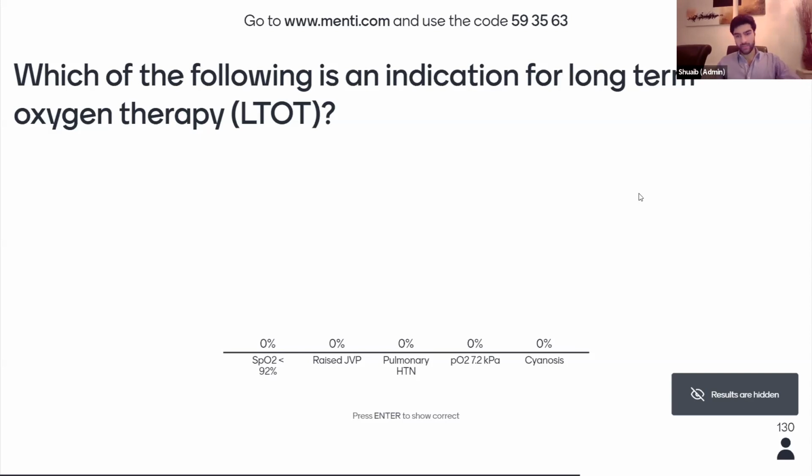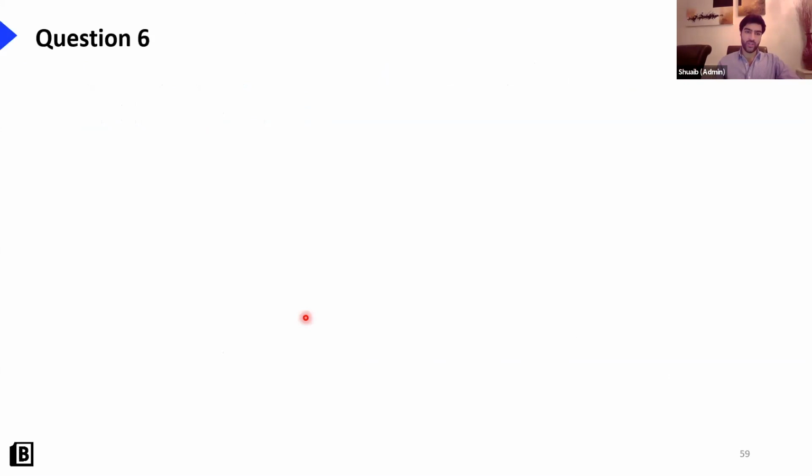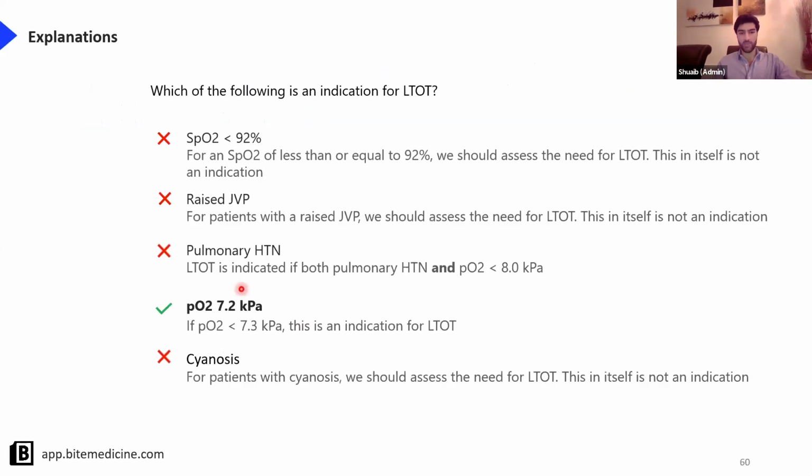All right, let's have a look. Okay, it's not loading the answer for some reason, but the correct answer is a PO2 of 7.2. So yeah, for some reason Menti wasn't working there, but the correct answer was a PO2 of 7.2.